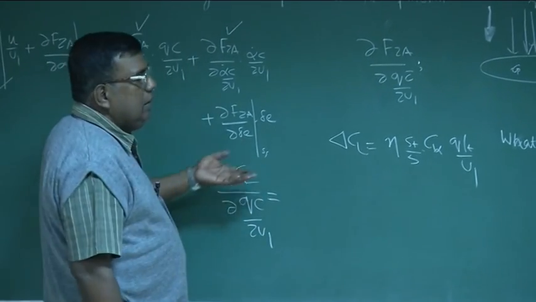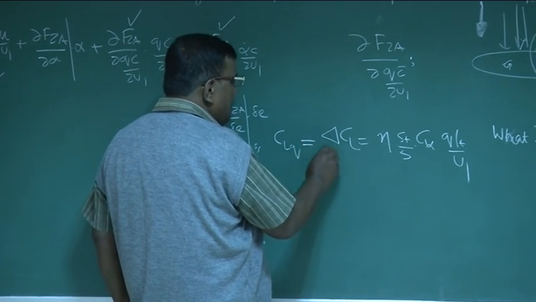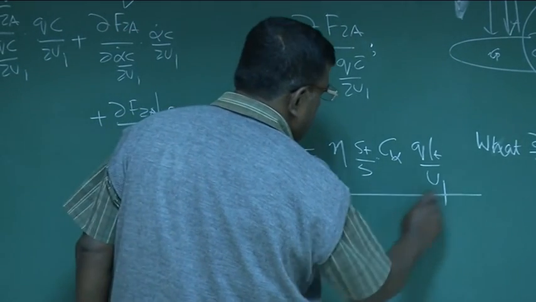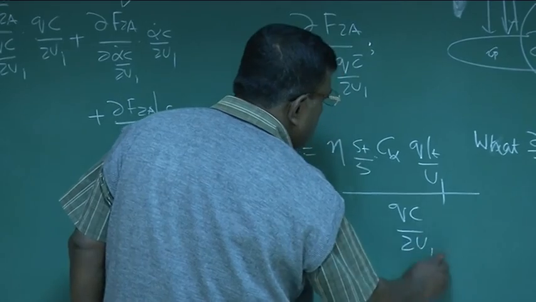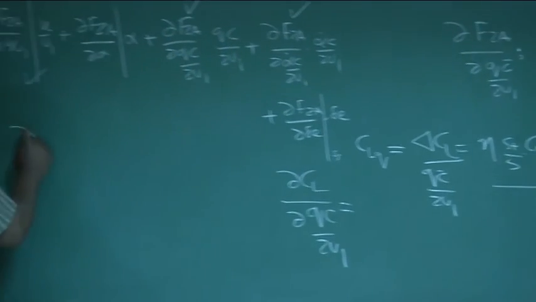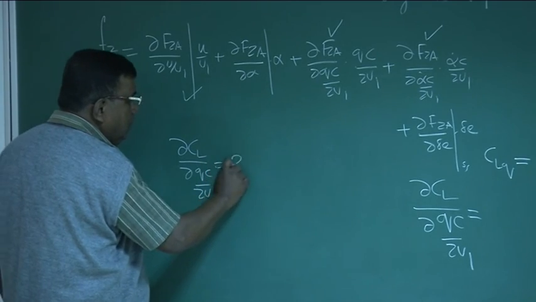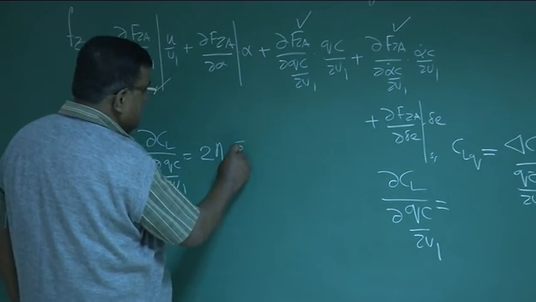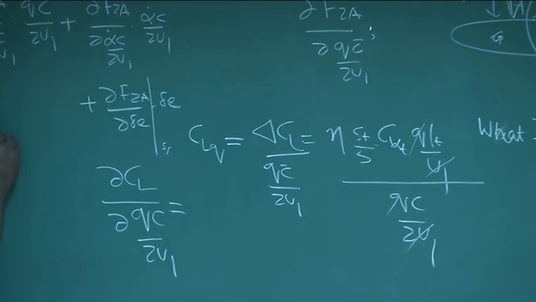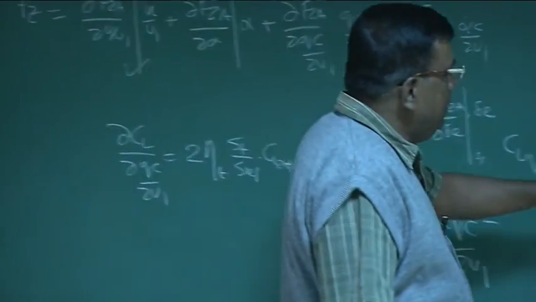Since everything is linear, I simply can write CLQ is equal to this divided by Qc by 2U1. So U1 gets cancelled, Q gets cancelled. So I get dCL by d(Qc/2U1) equal to 2 eta tail, S tail by S reference, which is wing, CL alpha tail, then LT by c. You could check here, Q gets cancelled.